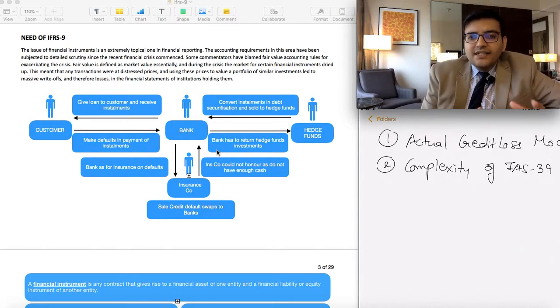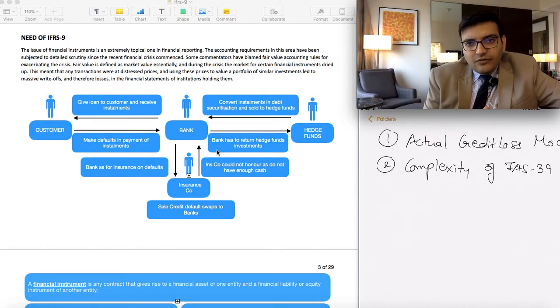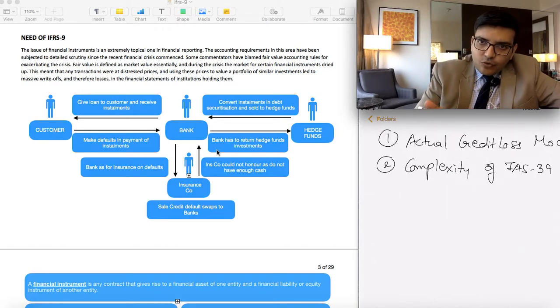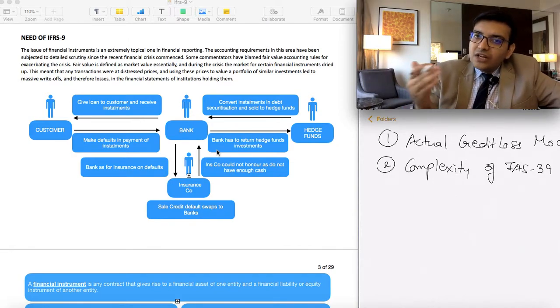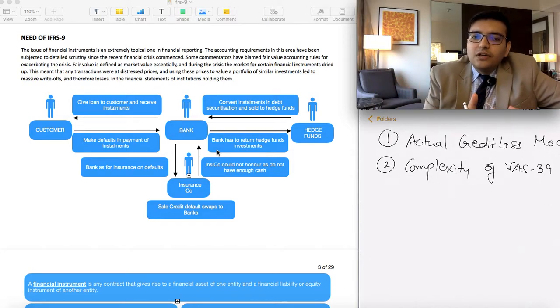Number one, this. Second was the complexity of IAS 39. When we move forward in the upcoming lectures, we'll compare it with IAS 39. IAS 39 was a rule based concept, not a principle based concept.